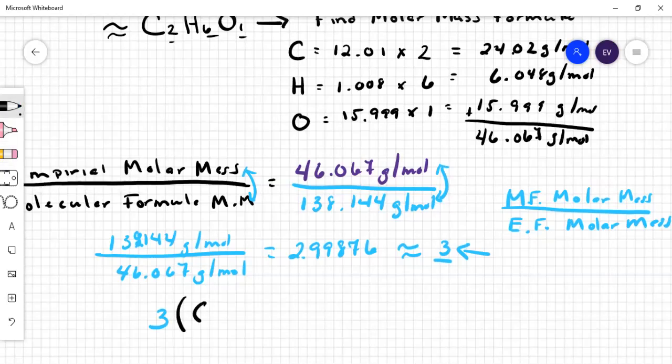So once we have this ratio, all we got to do is multiply the empirical formula, C2H6O1, by this quantity. You don't have to write the 1. And this 3 basically just distributes, just like in algebra.